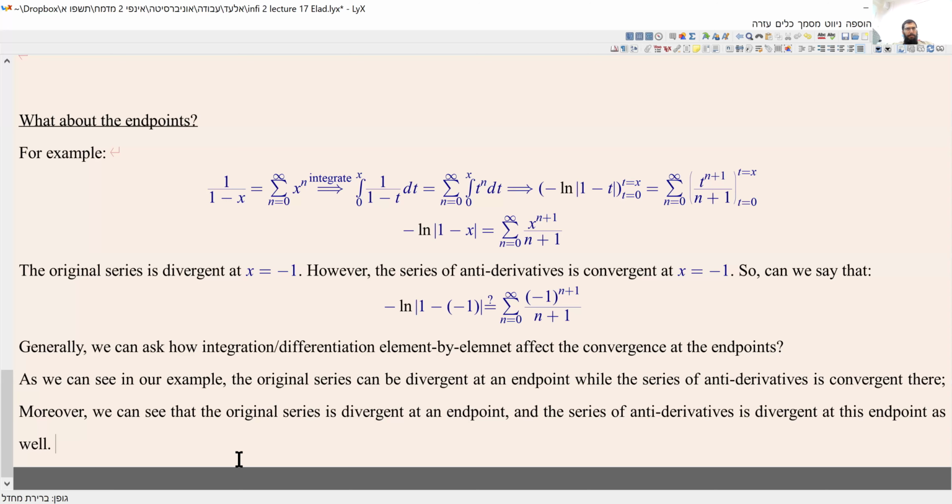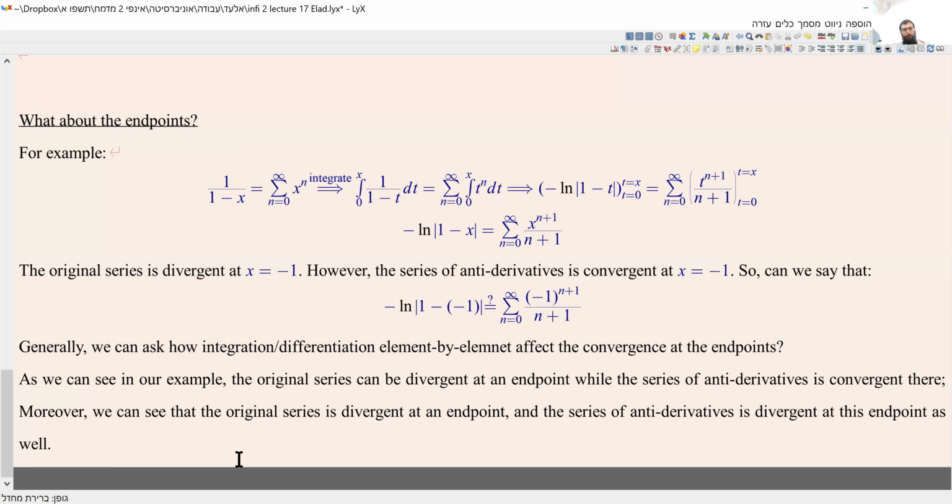You integrate element by element. The original series is divergent at an endpoint. The new series can be divergent or convergent. But if the original series was convergent at an endpoint, the new series of antiderivatives, after you integrate element by element, must be convergent as well.